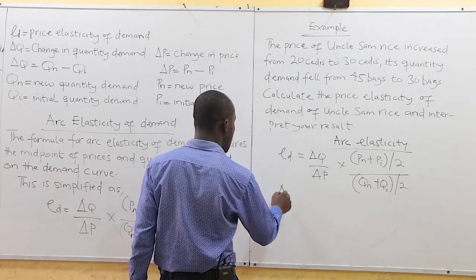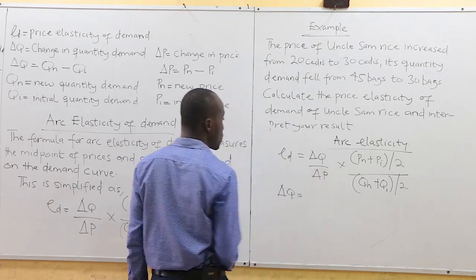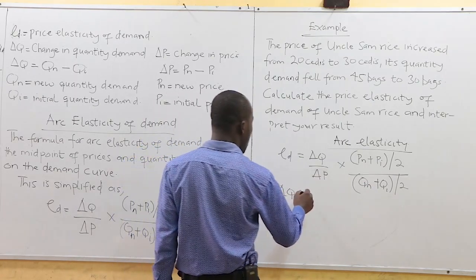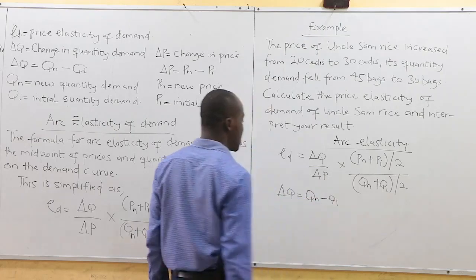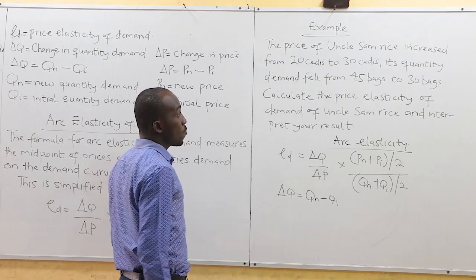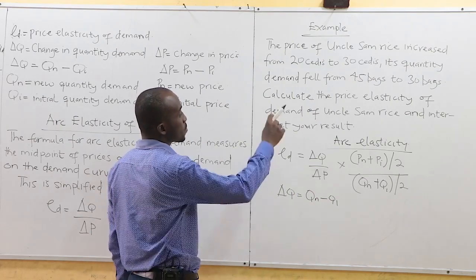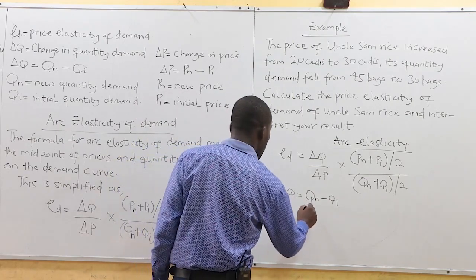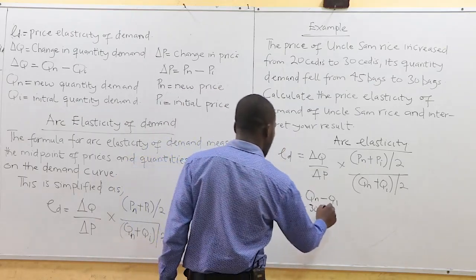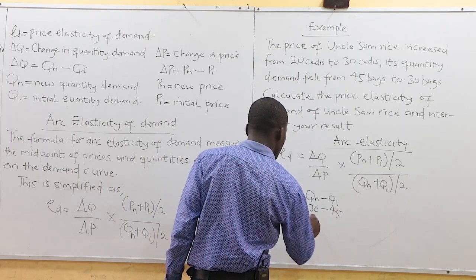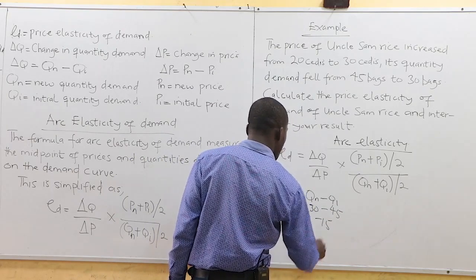Let's see, what's the change? The change in Q, as we have already said, is the new minus the initial. What's the new quantity? 30. And the initial quantity is what? 45. The same thing. That gives you negative 15.